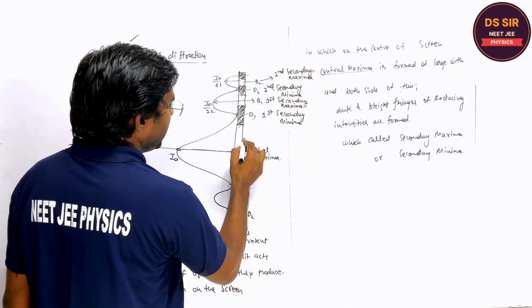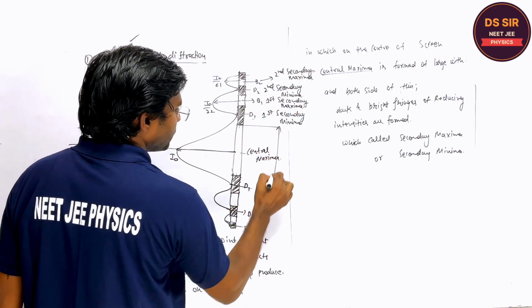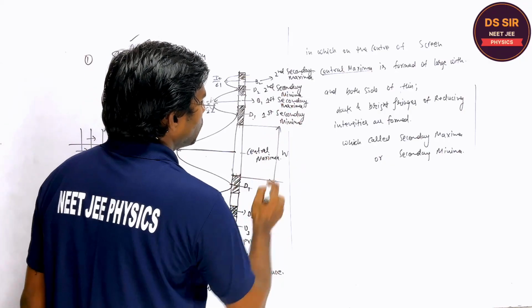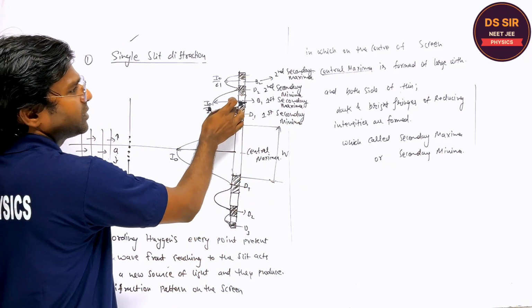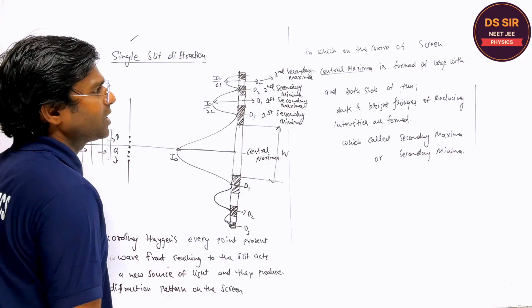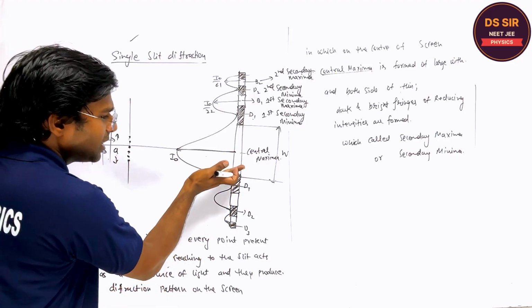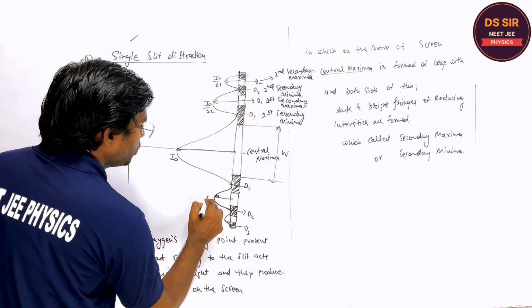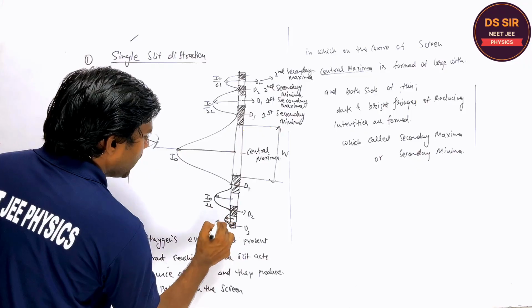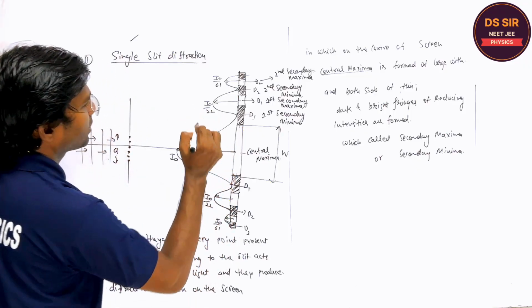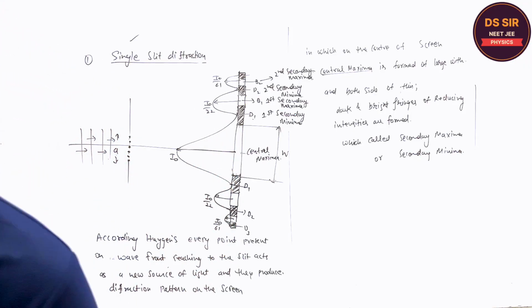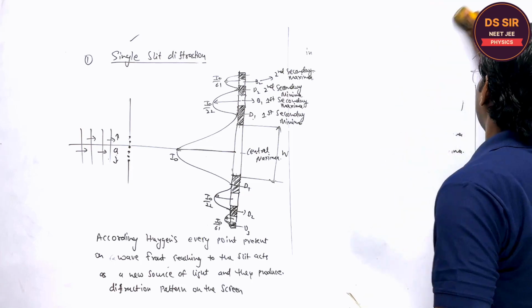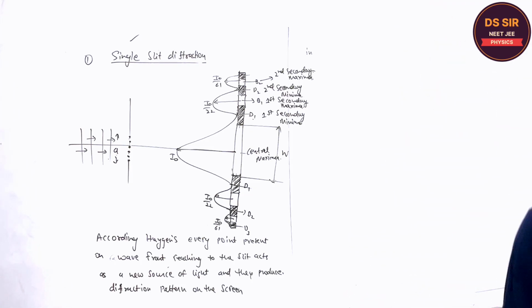And this is the central maximum, whose width is W, which is the maximum as compared to other secondary maxima or minima. And the intensity is continuously reducing. I naught by 22, I naught by 61, you will remember. Right? Copy this.